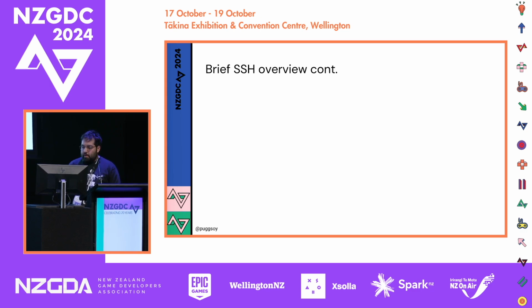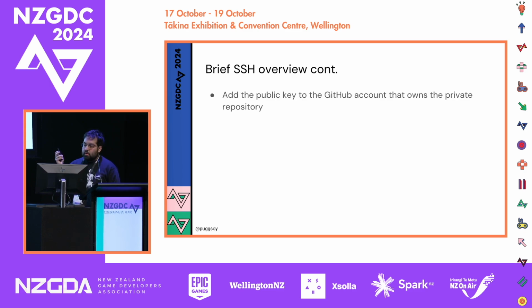The public key for your GitHub account is the bit that actually connects your private key that you have hosted on your machine to the account that will have access to the private repository. So this is the bit that makes it accessible.